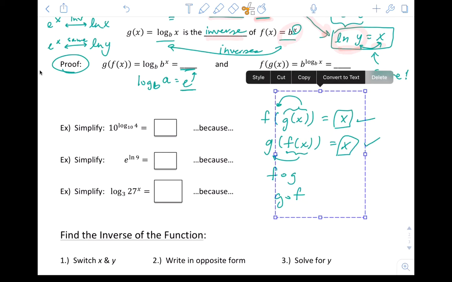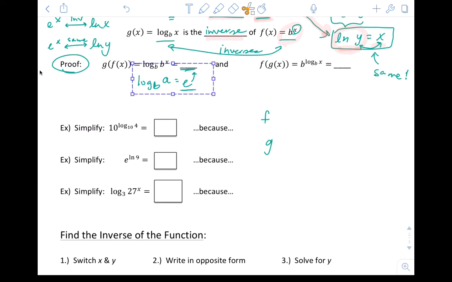I need some space. Okay. Good. So we're going to take one function and we're going to put it into the other. So if I take f of x and I put it into g, well, g of x says log base b of x.